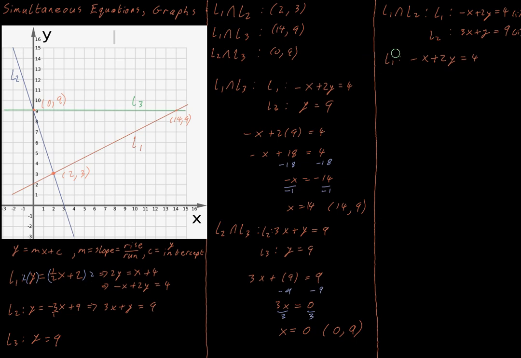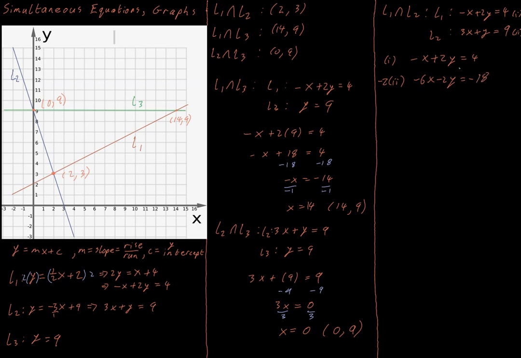So I've left equation 1 alone, and equation 2 I'm going to go minus 2 times equation 2. Multiply all of this by minus 2, so minus 6x minus 2y is equal to minus 18.